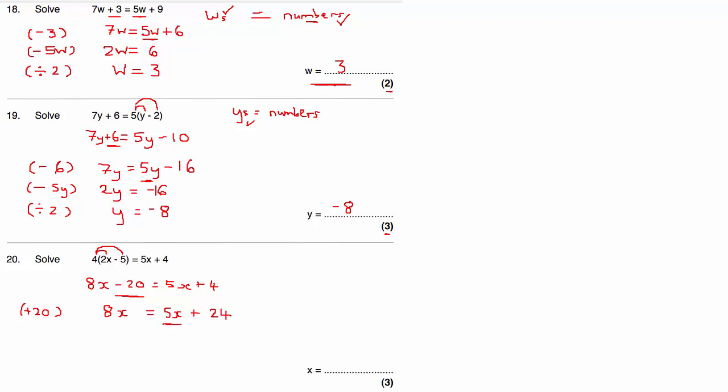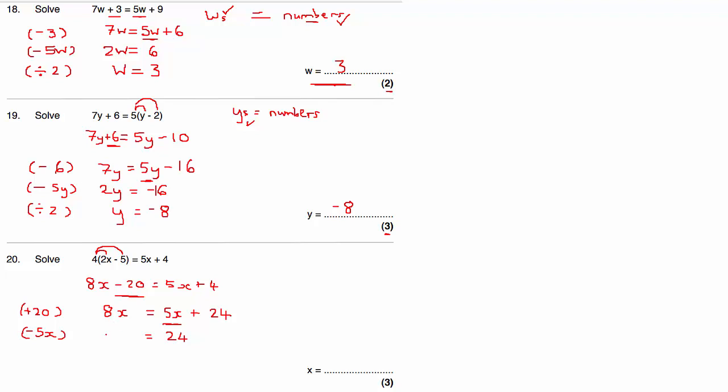Okay, the problem now is the 5x on the right-hand side. It's a plus 5x, so if we subtract 5x, we're left with just 24 on the right-hand side of the equal sign. But again, we have to do the same on the left-hand side of the equal sign.